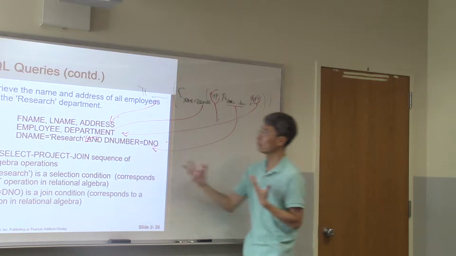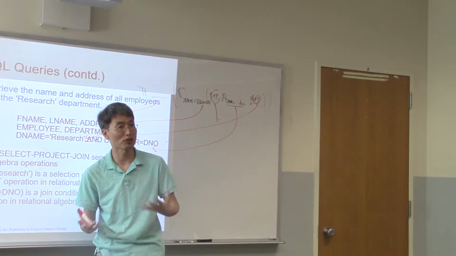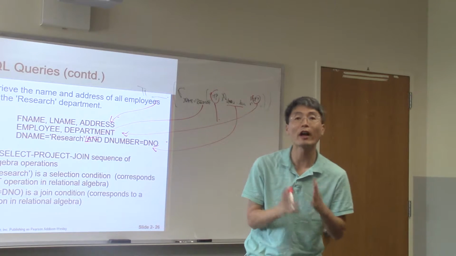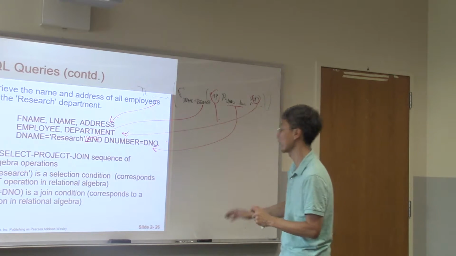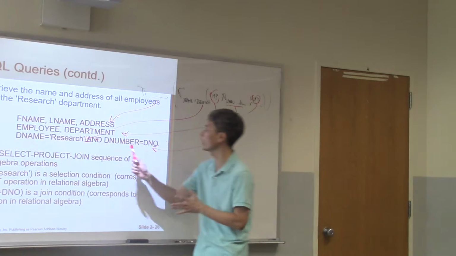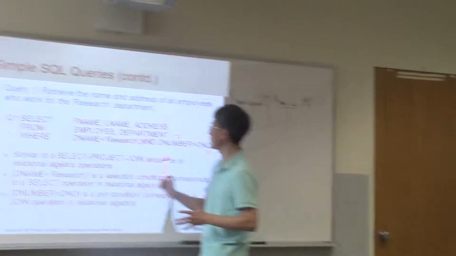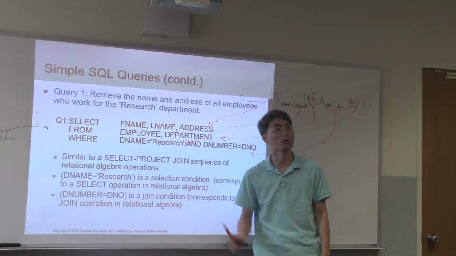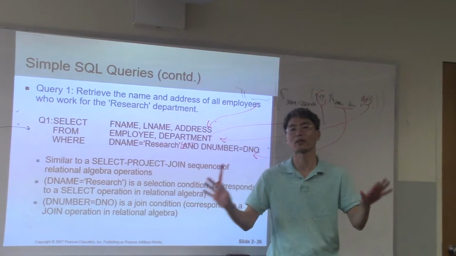Okay, then SQL is nothing but an implementation of such relational algebra operations and relational algebra expressions. Somebody may be curious, is there any difference between the selection condition and join condition? No, you can combine them with the logical operation. You don't have to specify.